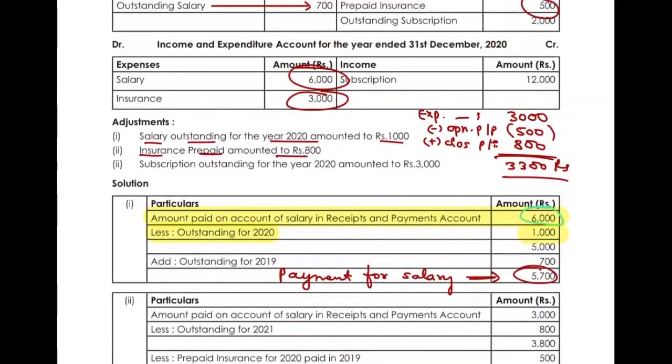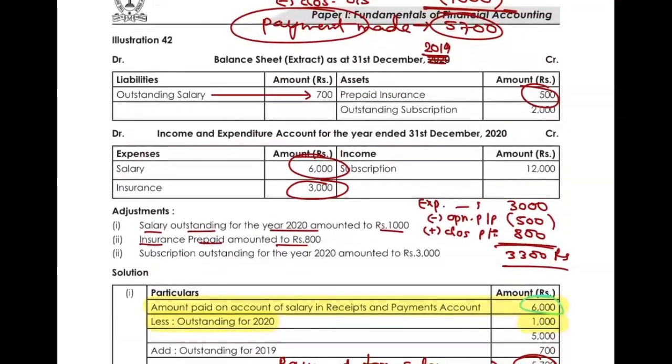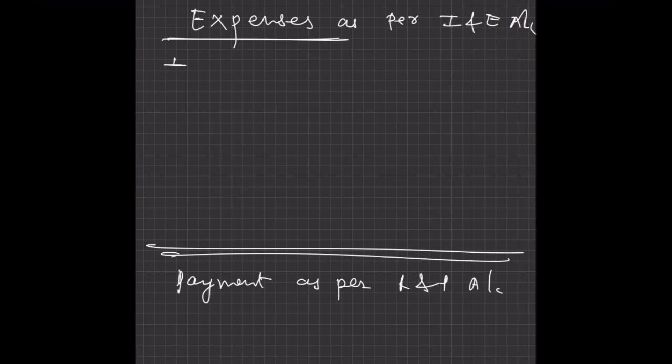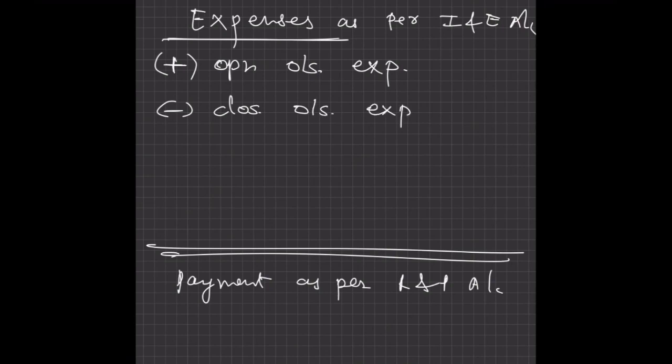So if I want to establish a rule, you can say when you are talking about expenses as per income and expenditure account, and you want to find out payment as per receipt and payment account, what you need to do, you have to add the opening outstanding expenses, you have to deduct the closing outstanding expenses.